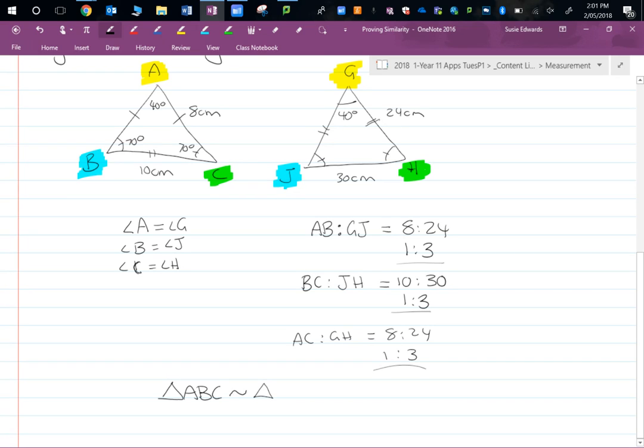Now, it still needs to be in the same order. So yellow, blue, green. Yellow, blue, green is G, J, H. And that's how we prove it. I've missed one thing I need to say, therefore. How do you do therefore? 3 dots. So I say, therefore, because I've proved it, triangle ABC is similar to triangle GJH. And that's how we prove it.